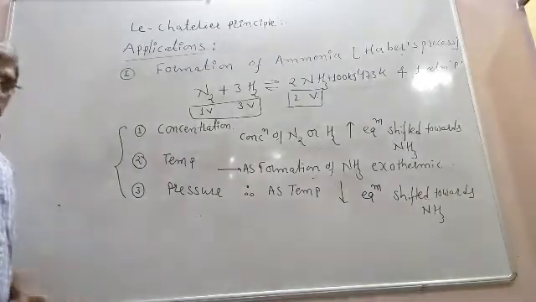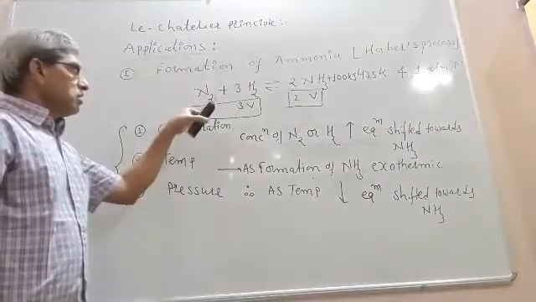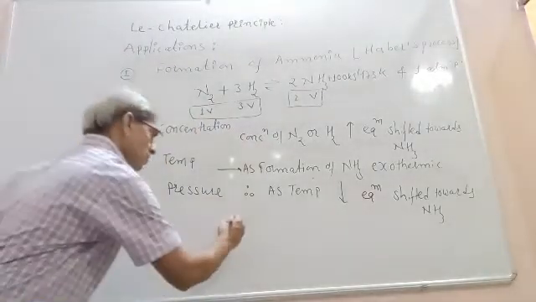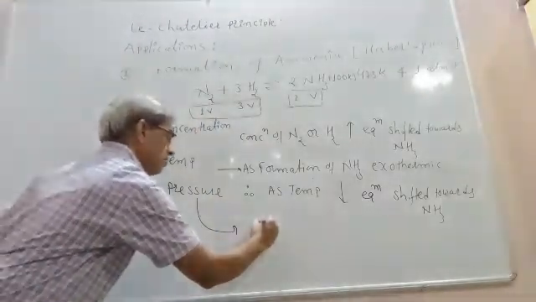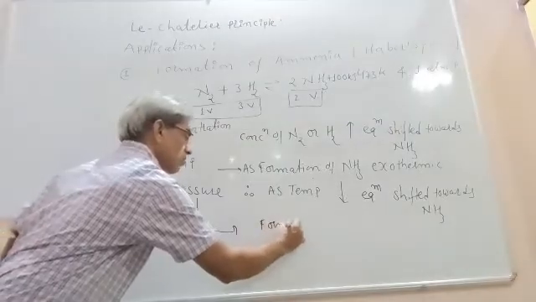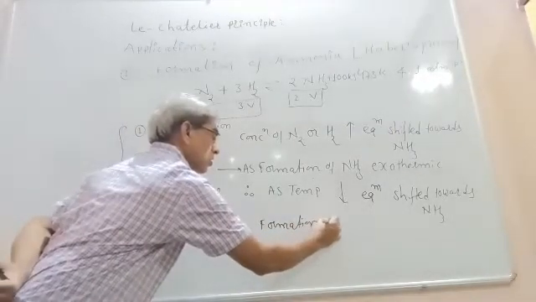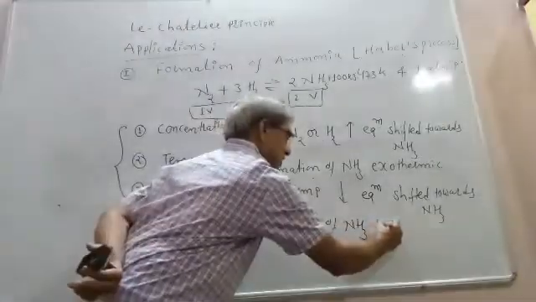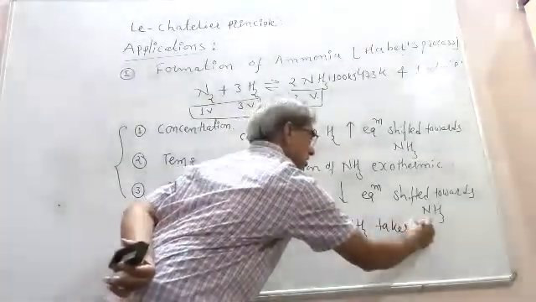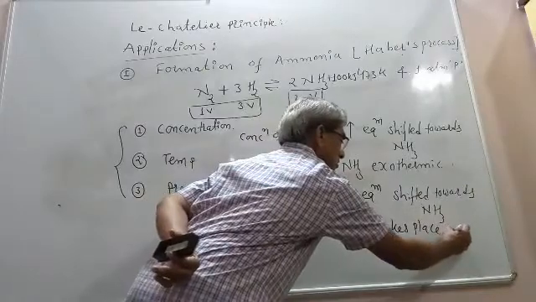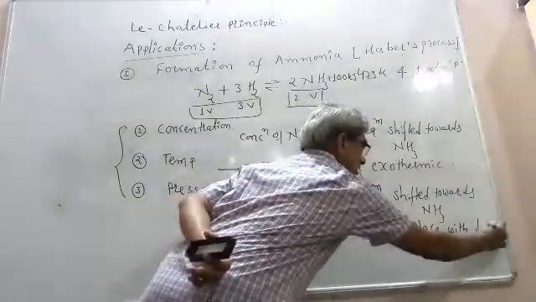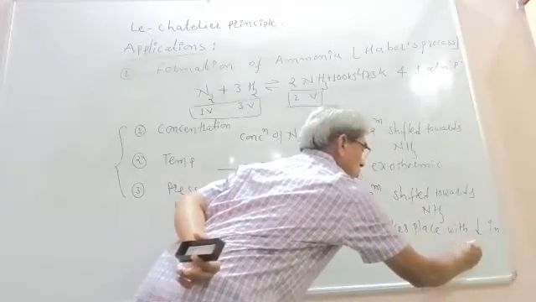Third factor, pressure. A total of 4 volumes get converted into 2 volumes, which means formation of ammonia takes place with a decrease in volume.